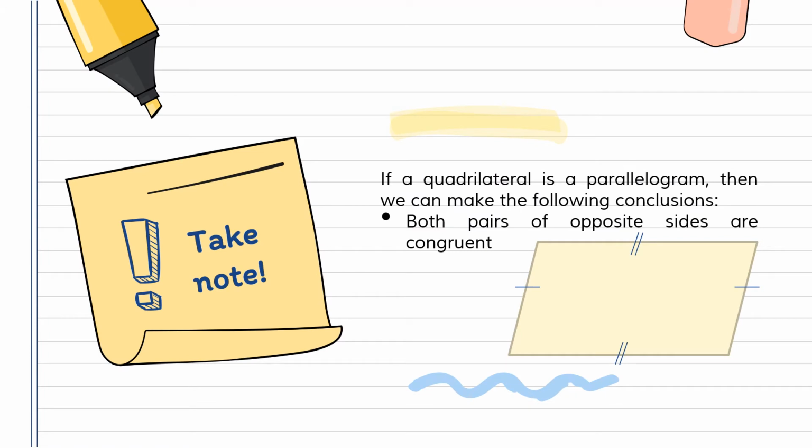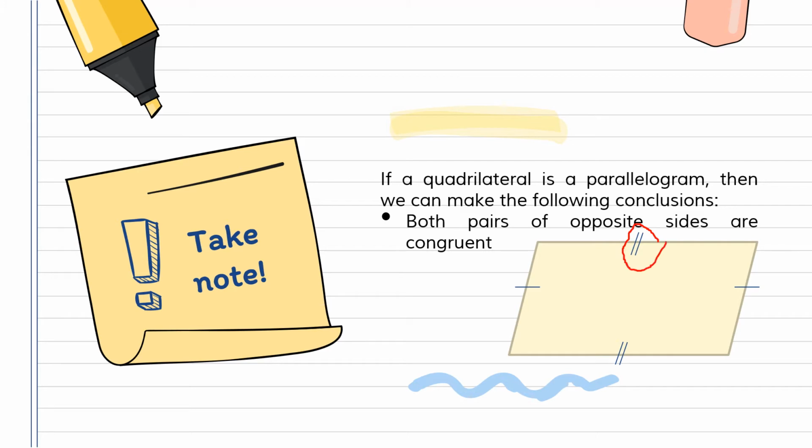Take note that we have some reminders about whether a quadrilateral is a parallelogram. The first one: if a quadrilateral is a parallelogram, then we can conclude that both pairs of opposite sides are congruent.